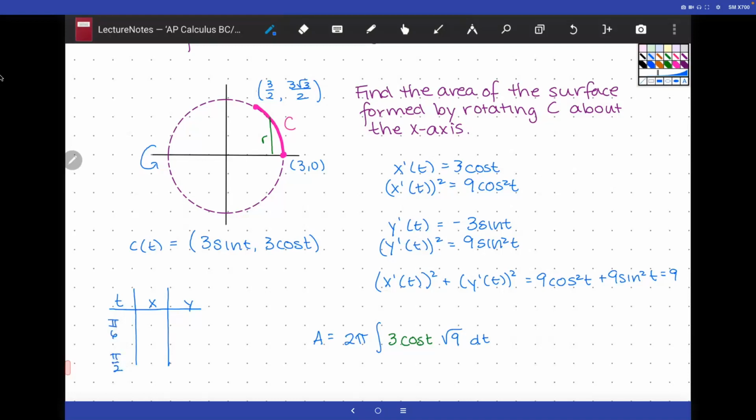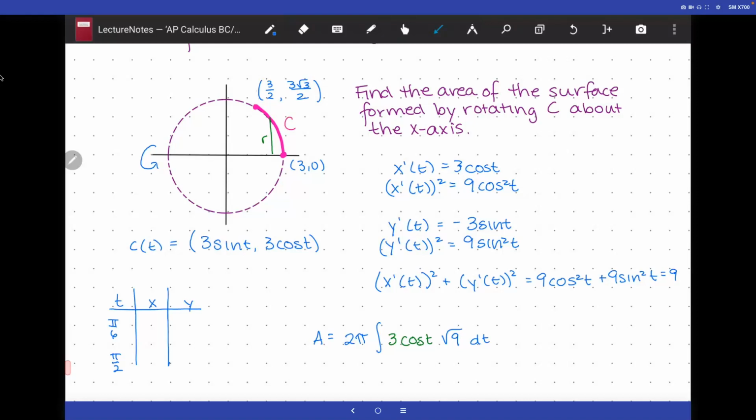If we had used the other set of parametric equations for the circle, if we had started with 3 cosine t, 3 sine t instead of 3 sine t, 3 cosine t, our limits would be different. This part would still be the same. We'd still have 9 inside the radical. It kind of takes care of itself.